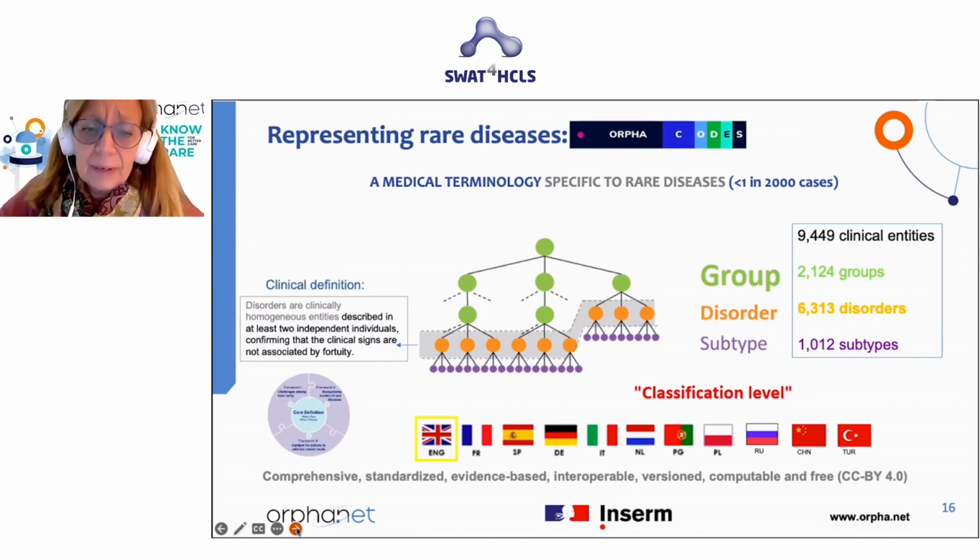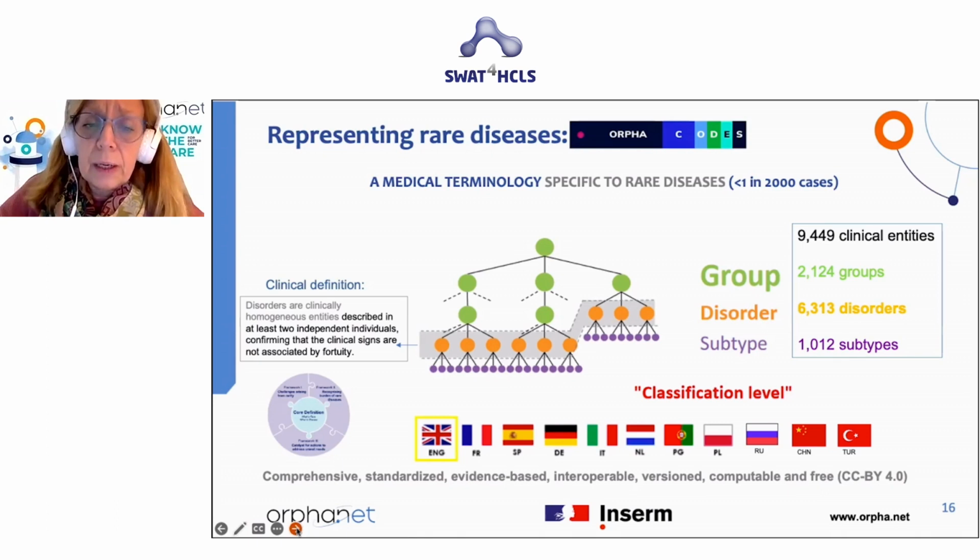This classification of rare diseases, which is quite unique, allows researchers, geneticists for instance, to be interested in the purple dots, public health researchers in the green dots, and clinicians to identify patients through the orange dots.